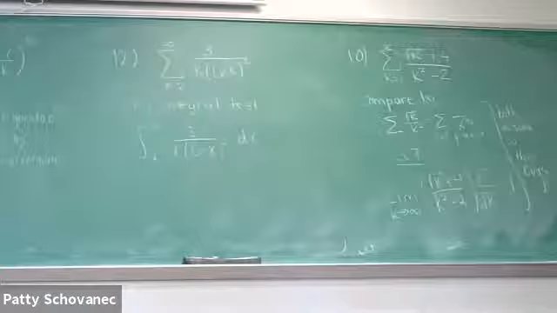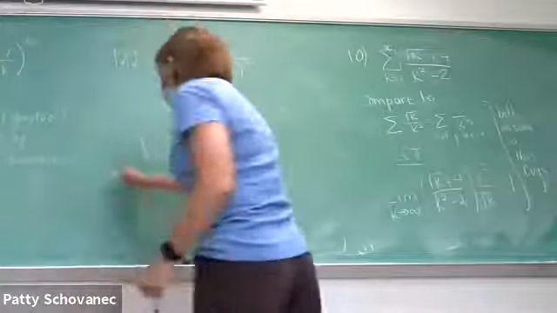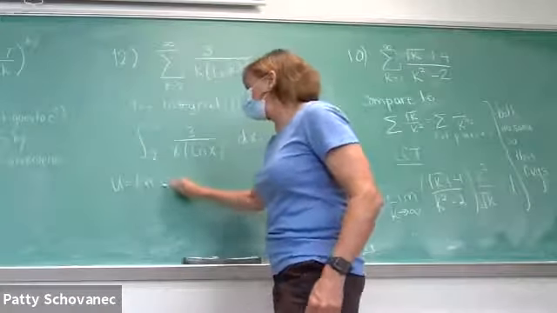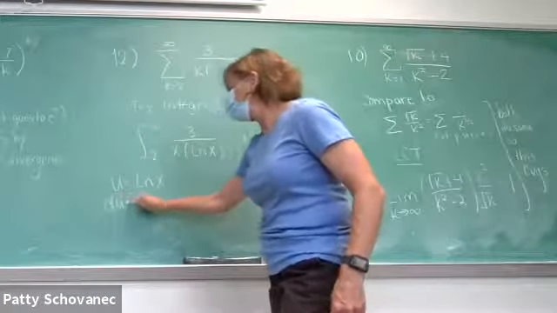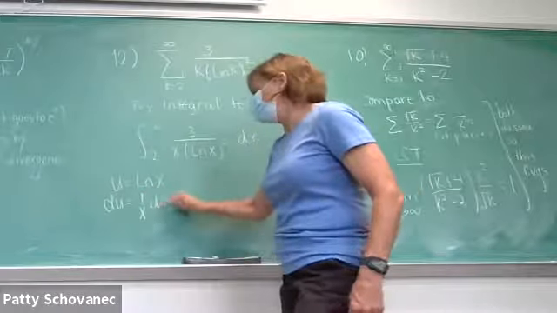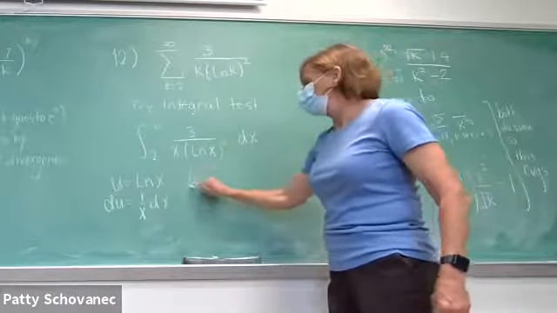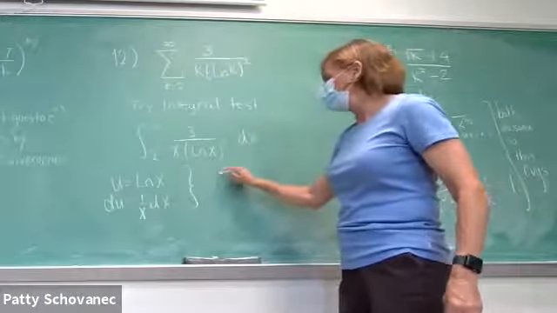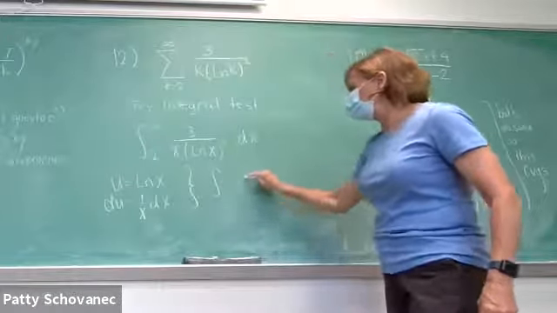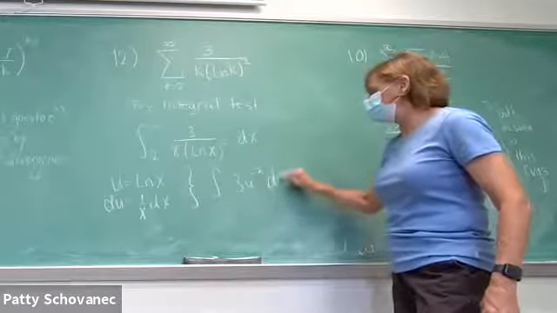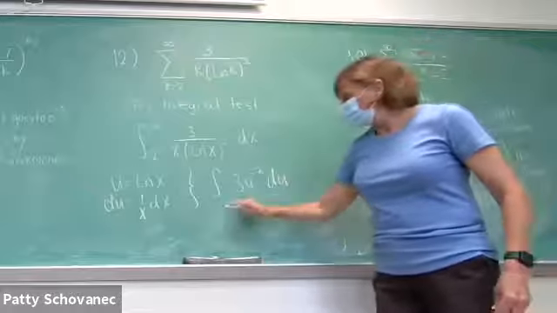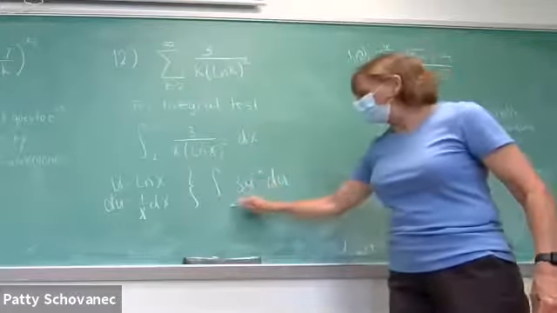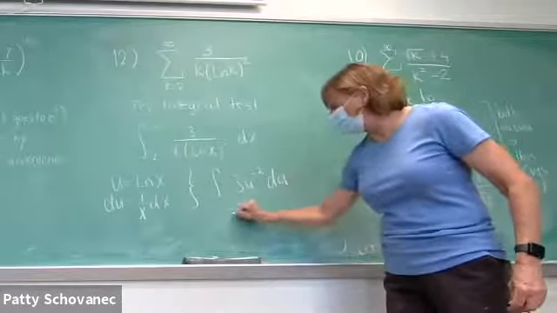Does your integral converge? You're integrating u to the negative 2 du, right? u is the natural log of x, so du takes care of the 1 over x. This becomes the integral of 3 times u to the negative 2 du. So that's u to the negative 1 over negative 1, and whoops, negative 3 over u.